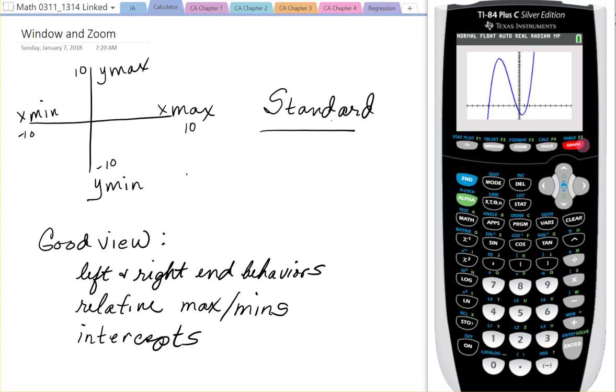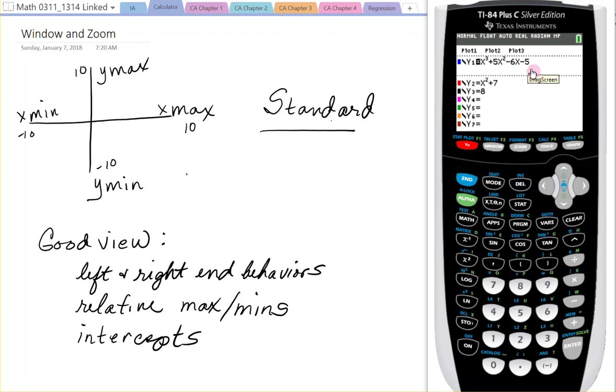When I used a standard viewing window, negative 10 to 10, negative 10 to 10, I did not get a good view. But many times I follow the following process. I go to y equals, I type in whatever my function is that I'm going to study. I do a zoom 6. That puts it in a standard viewing window and turns the graph on.